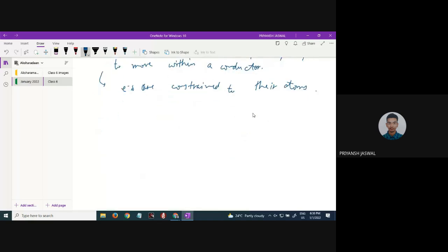Like we studied in earlier classes, in the structure of the atom, electrons are orbiting around the nucleus. The nucleus is positively charged. It keeps a force of attraction between itself and the revolving electrons, so an electron cannot freely move. It has to follow certain orbits. So electrons are constrained inside the electric circuit also, because the circuit is made out of wires and components, and those are also made out of some material and consequently some atoms.